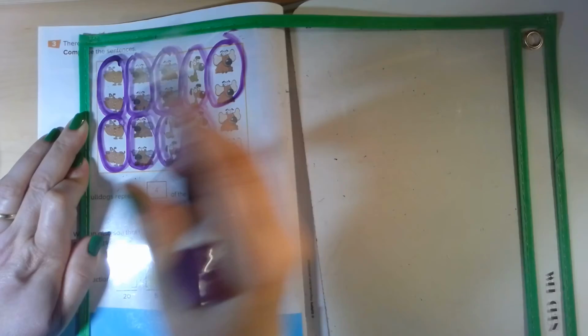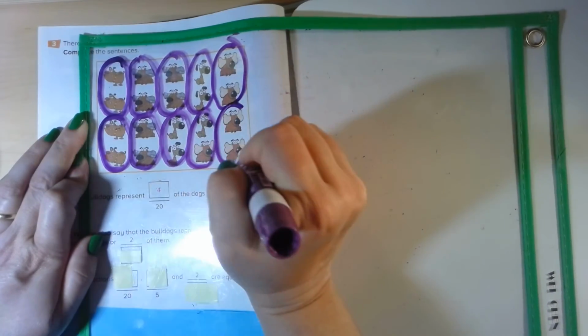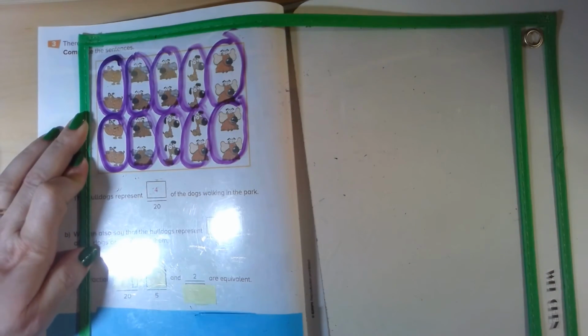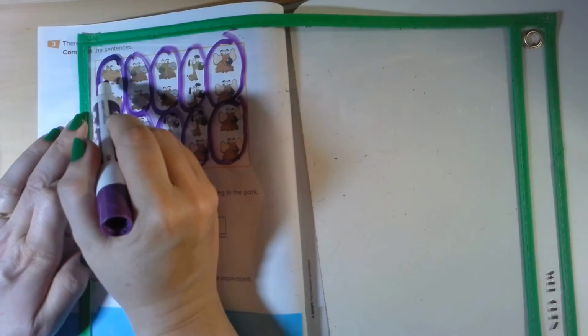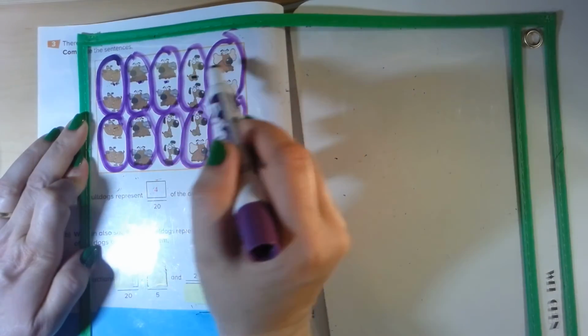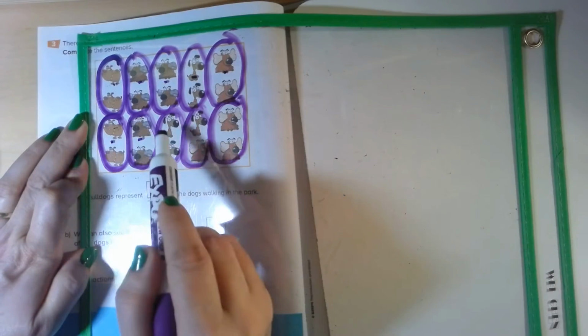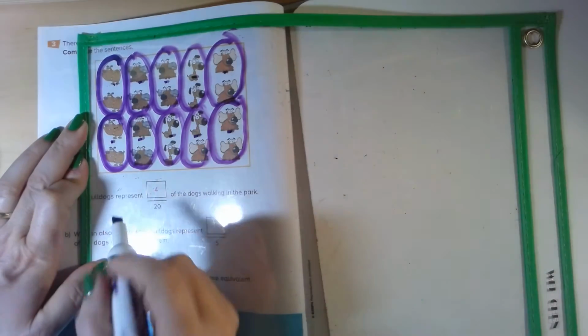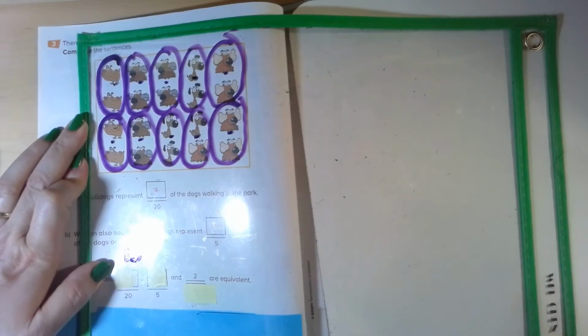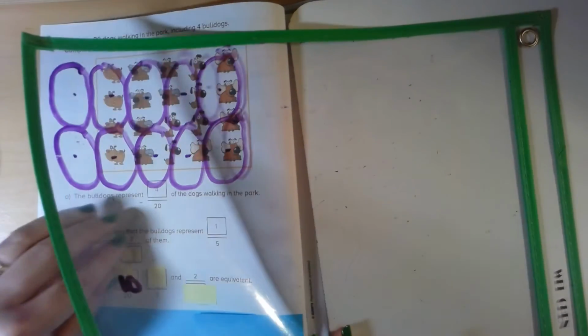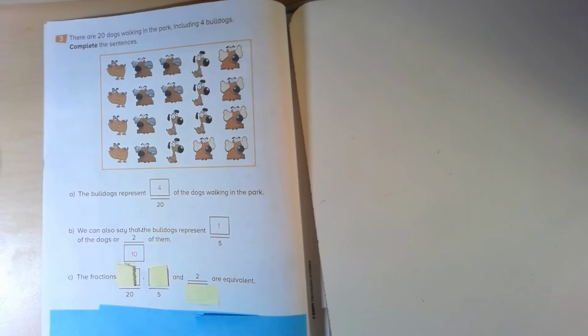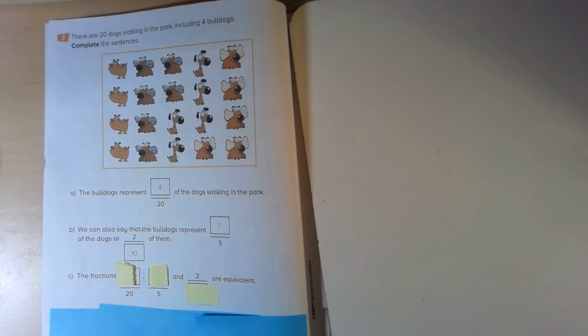So if 2 of my groups have bulldogs in them, how many total groups do I have? Let's count. 1, 2, 3, 4, 5, 6, 7, 8, 9, 10. So 2 out of the 10 have bulldogs in them. There we go. We figured it out. 2 out of 10. Way to go.